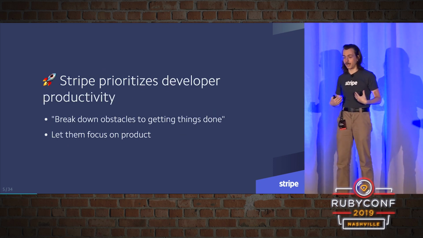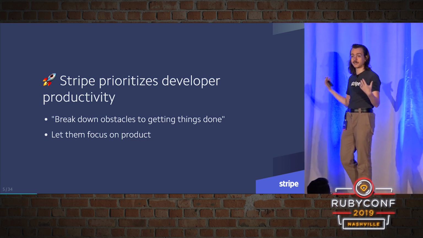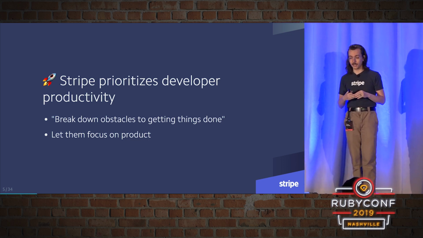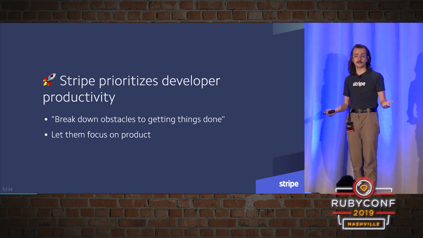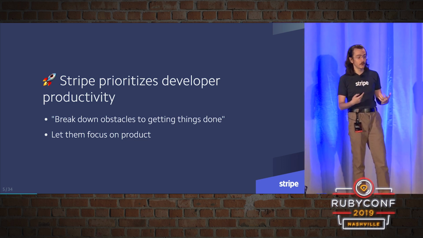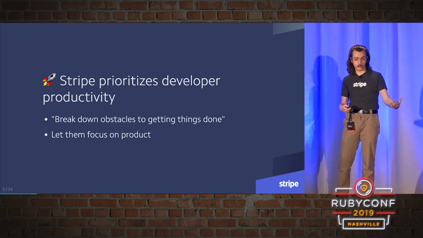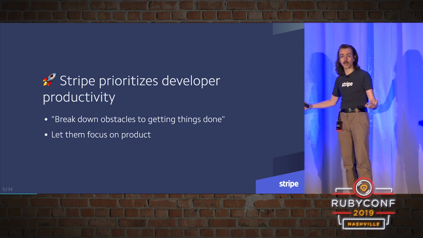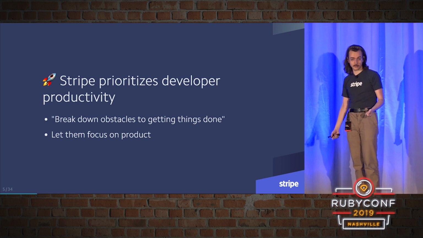We, more specifically, are members of the Stripe Developer Productivity Team. We're the team helping engineers have the most productive life of their career at Stripe. We help them focus on building the product rather than overcoming obstacles which are specific to development.